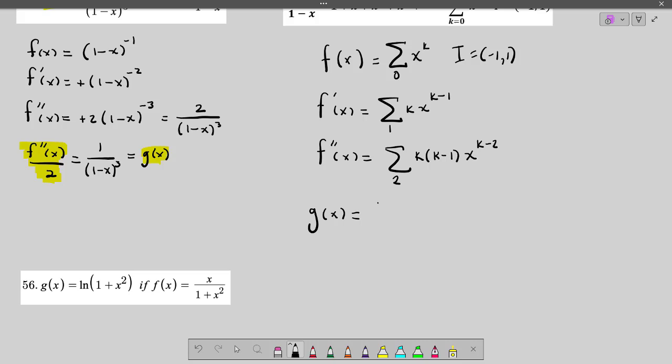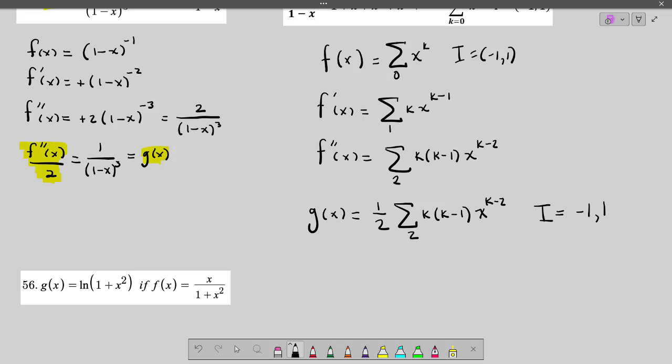So here is the power series that's the power series for g. And the interval of convergence, we know that its goalposts are -1 to 1.